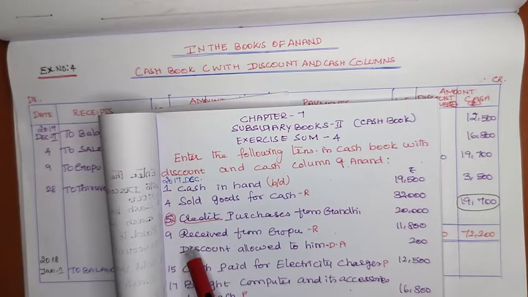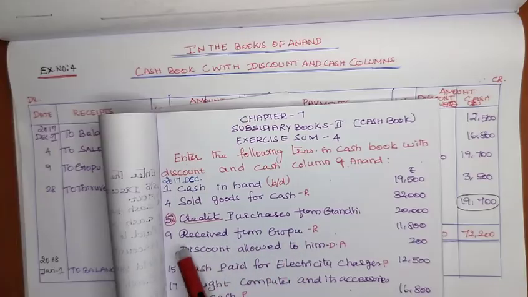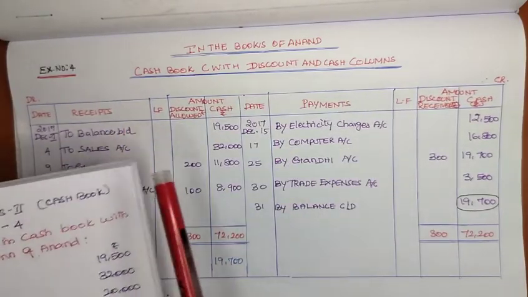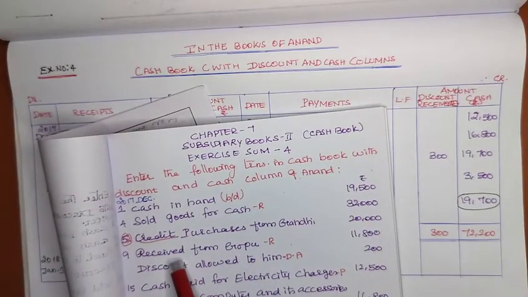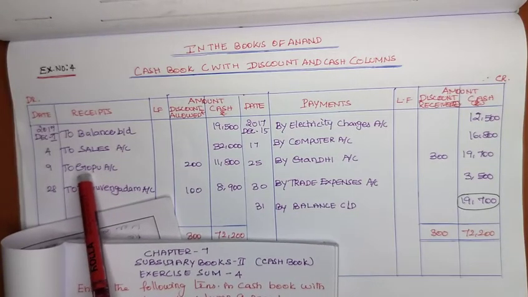Let's see another transaction. December 9, received from Gopu 11,800, discount allowed to him 200. Received from Gopu means we directly go to the receipt side. From whom did we receive? From Gopu. So we enter the name of the person in the receipt column.